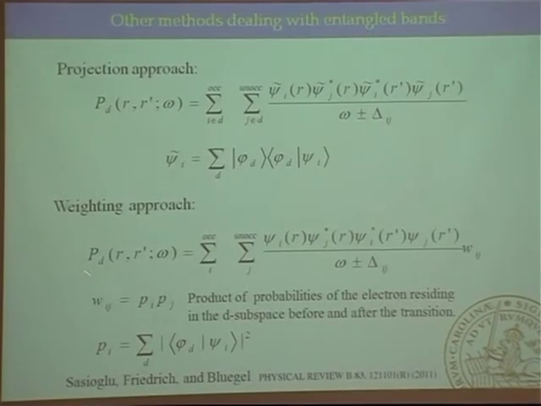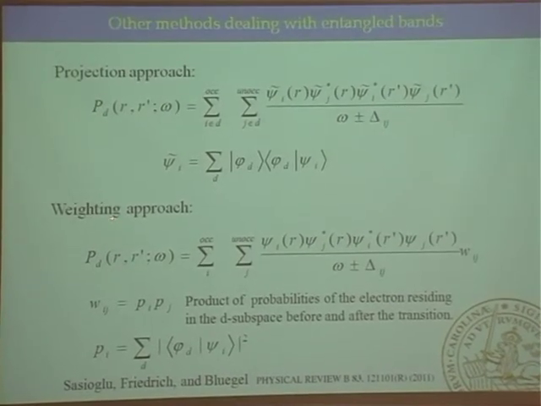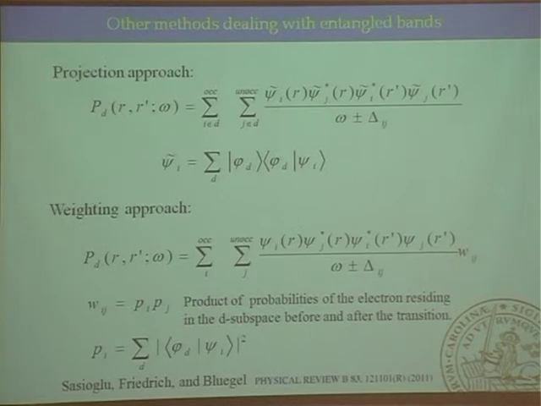There's another way from this paper here, where you make a weighting for each of these transitions, and the weighting is determined by the probabilities of the electron residing in the D subspace before and after the transitions.